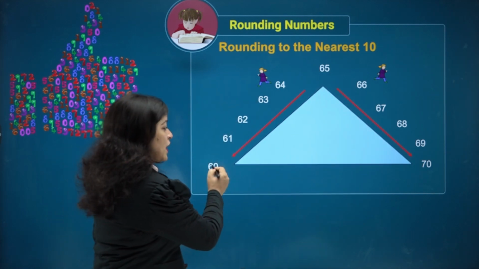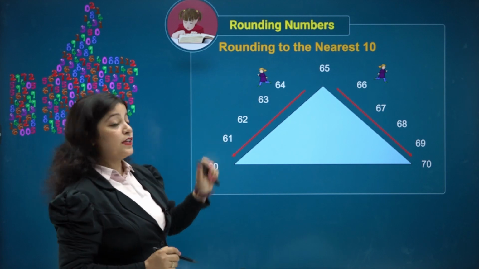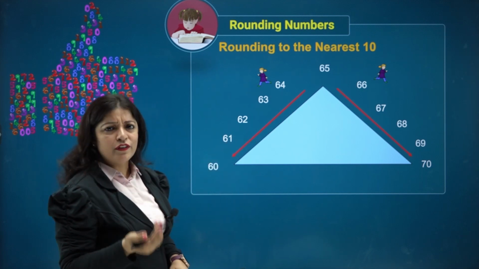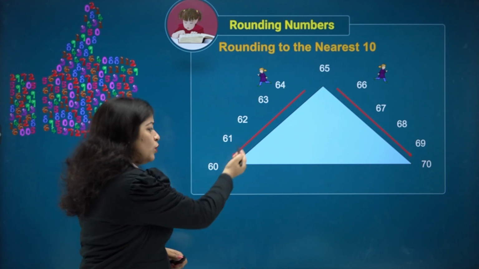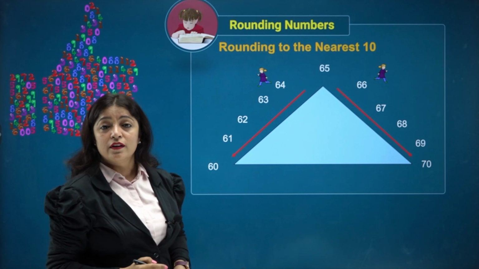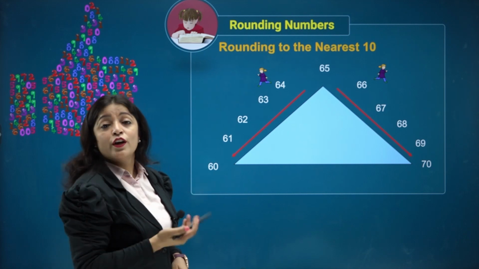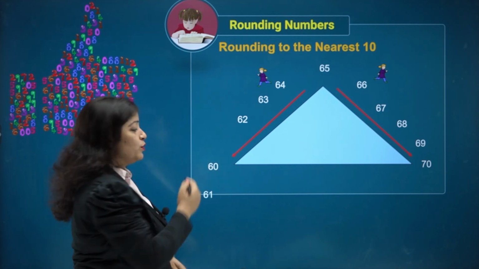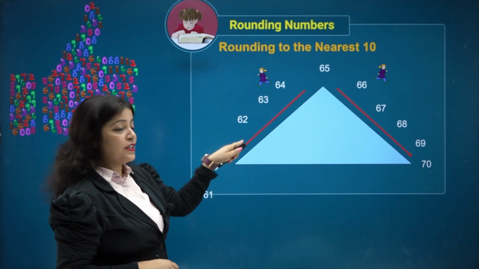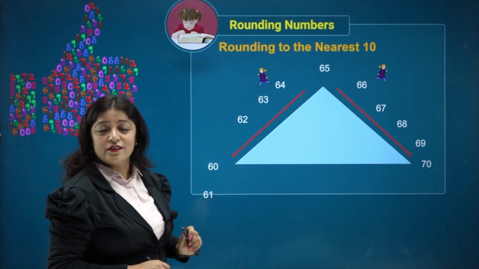If you have started from 60 and just reached 61, but you got tired here, where will you love to move? You will go to 60, or you will cross the whole hill and go to 70? Since you are already tired, you will start going to the 60 side, right? That means if the number is 61, it will be rounded off to 60.